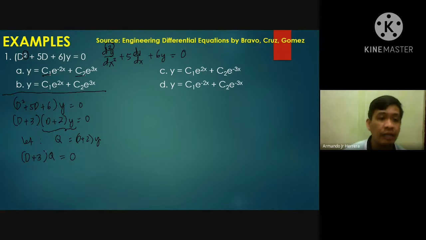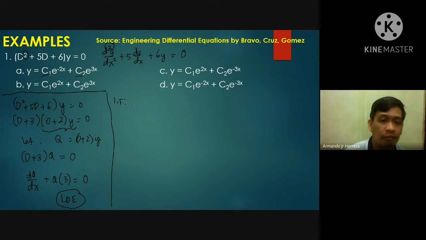Converting this into general form, we get dq/dx plus 3q is equal to 0. This is actually a linear differential equation with dependent variable q. Again, we need to get our integrating factor, e raised to the integral of the coefficient of our dependent variable. That is 3 dx, so this gives you e to the 3x.